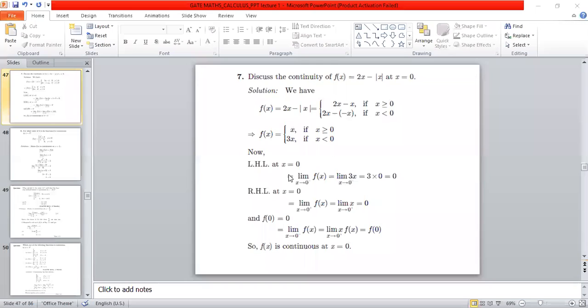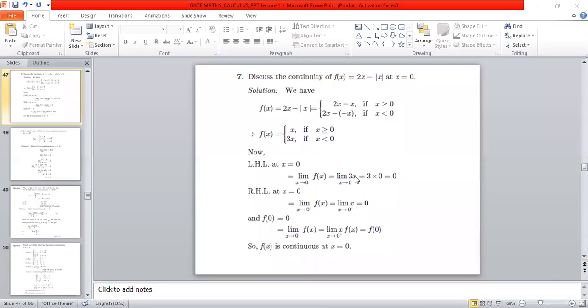So left hand limit is limit x tends to 0 minus of f of x. Limit x tends to 0 minus means behind 0. So this is the function for x less than 0, behind 0, that is 3x. So if you have to write the left hand limit, choose the function that is x less than 0, that is 3x.